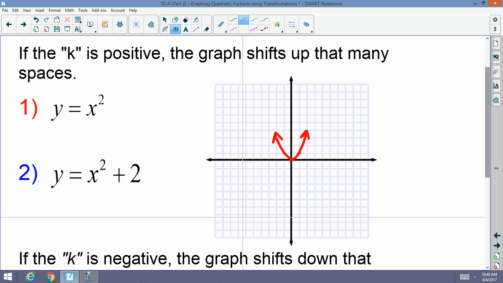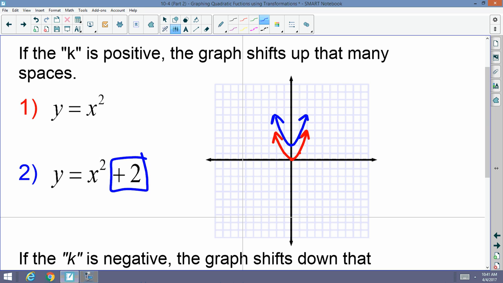Notice it's not with the x in parentheses, it's outside of the x. That's why it's the K. So I'm literally going to shift every single point up 2. So I'm going to go up 1, 2, up 1, 2, and up 1, 2. It just shifted up 2, the whole graph.